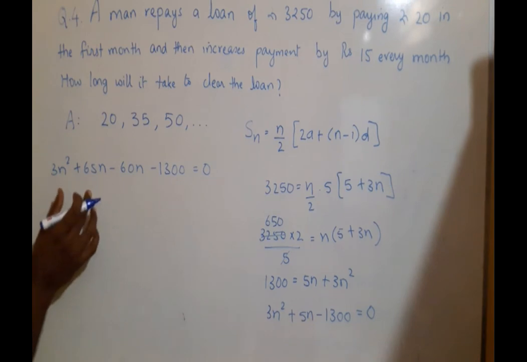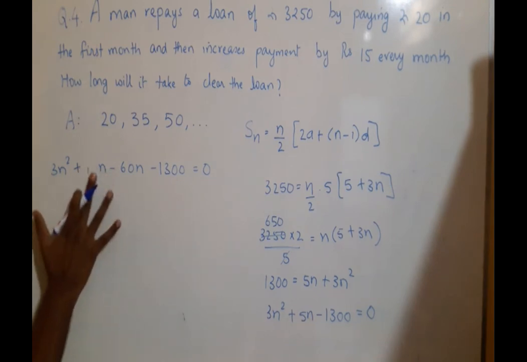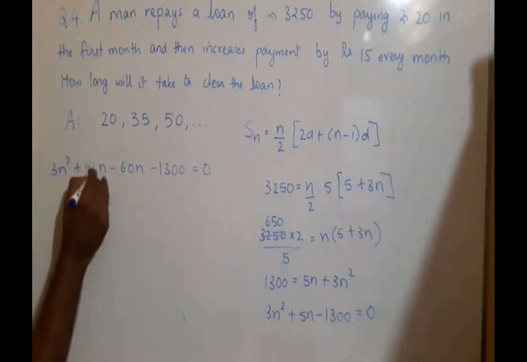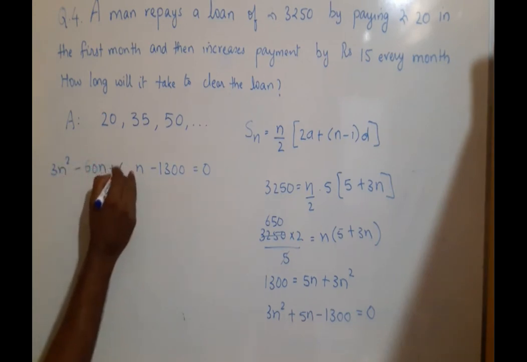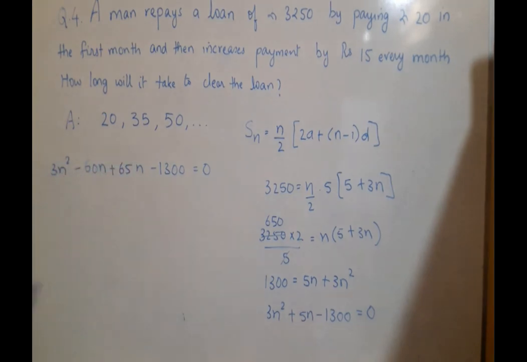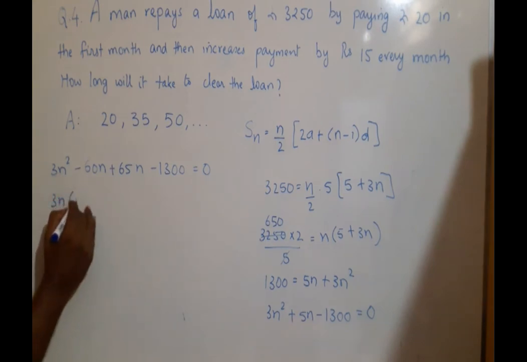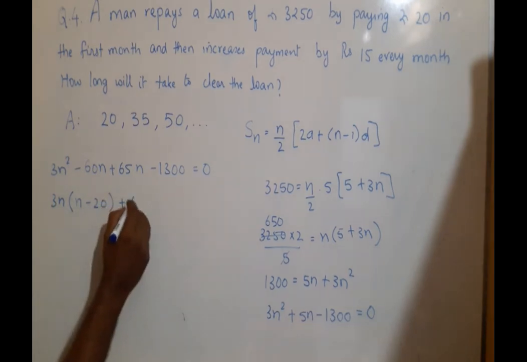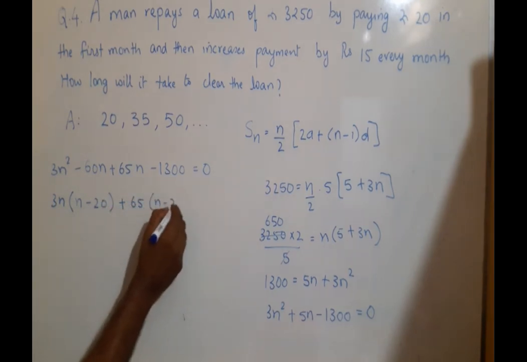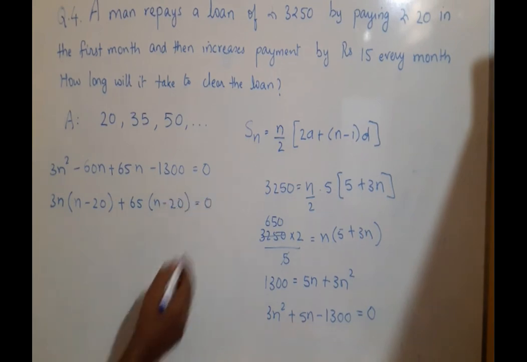And from here I'll rearrange it. I'll put the minus 60n over here, and I'll put the plus 65n over here. Why? To take out common. Now here I will take 3n common, so I get n minus 20. Here I will take 65 common, I will get n minus 20 equal to 0.